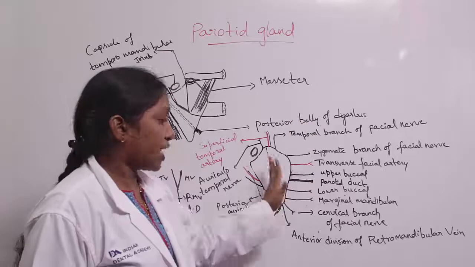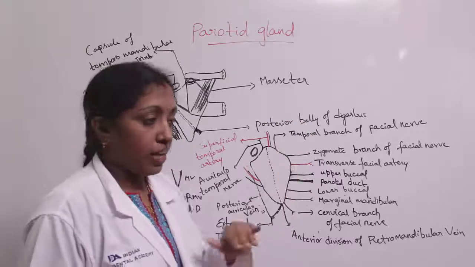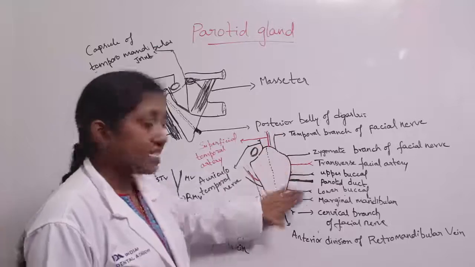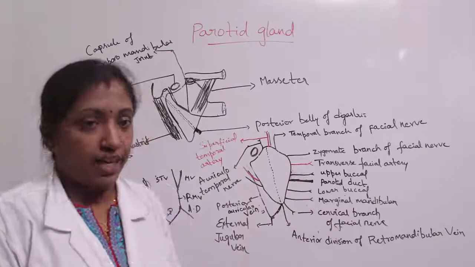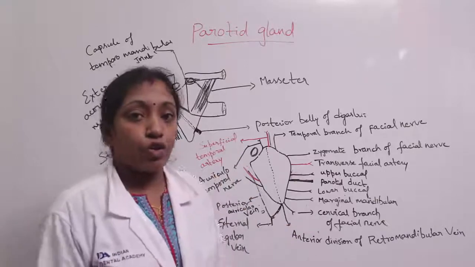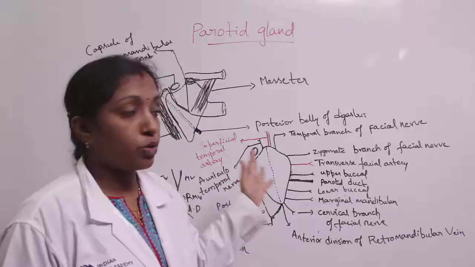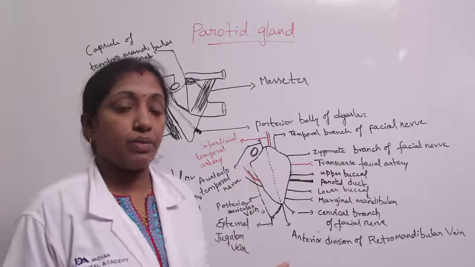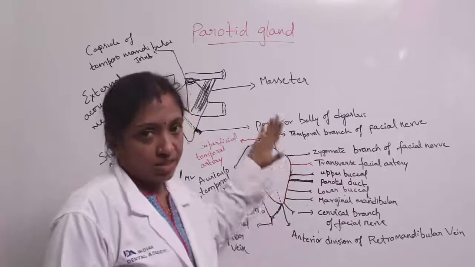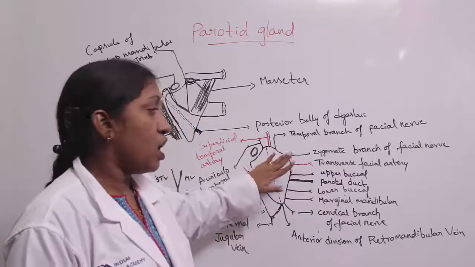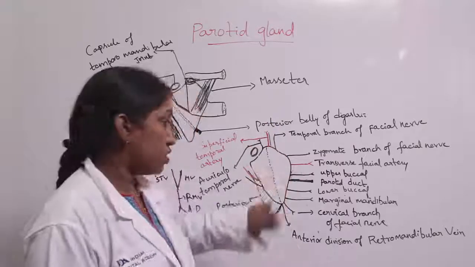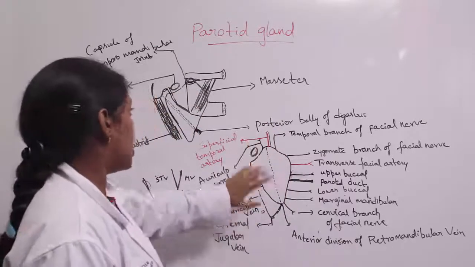The false capsule is derived from the investing layer of deep cervical fascia, which is nothing but the parotid sheath. And on the superficial fascia, we will see the subsuperficial group of parotid lymph nodes. So that's about the superficial surface.